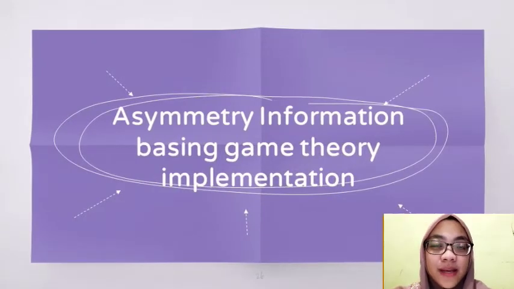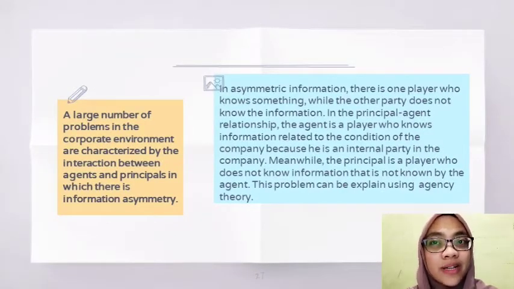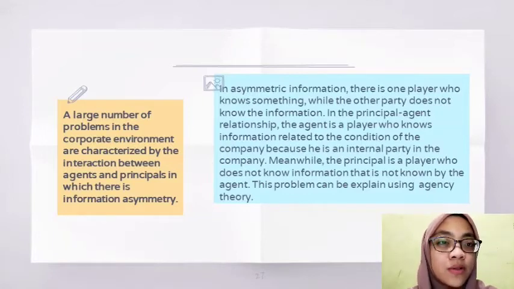Asymmetric information based on game theory implementation. A large number of problems in the corporate environment are characterized by the interaction between agents and principals in which there is information asymmetry. In asymmetric information, there is one player who knows something while the other party doesn't know the information.